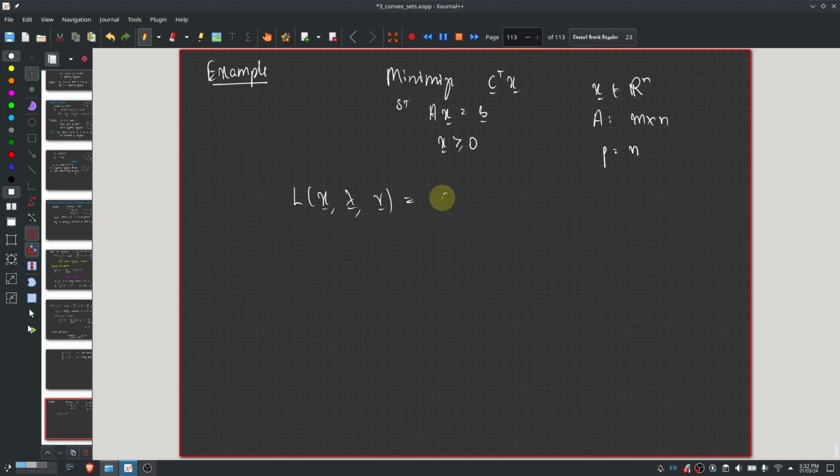It is f0 of x, which is c transpose x, plus, so in some sense this contains p different equality constraints, so summation i equal to 1 to p.